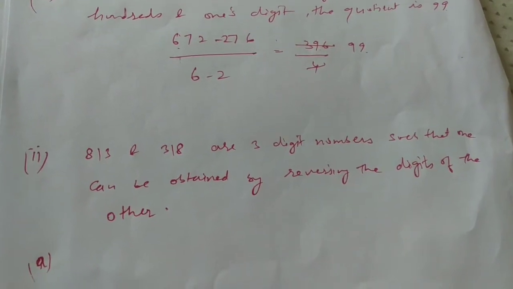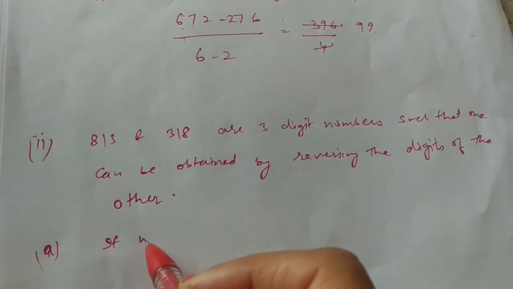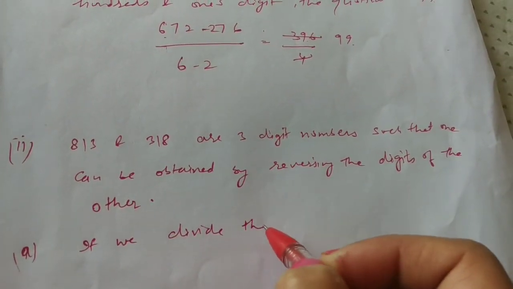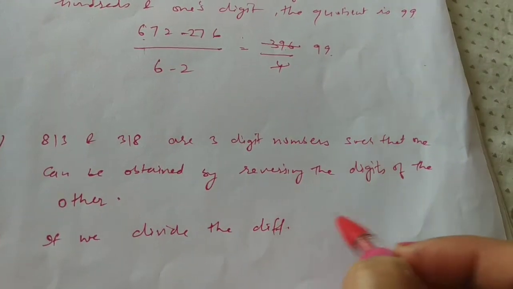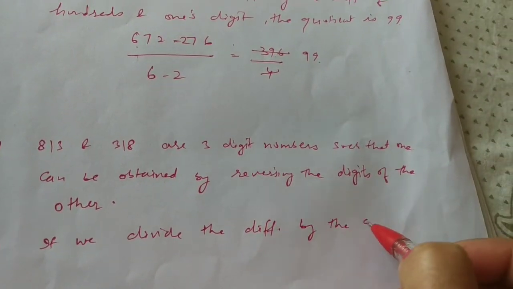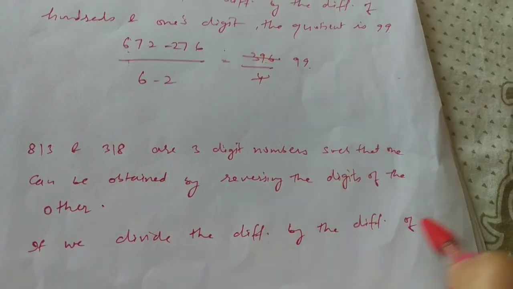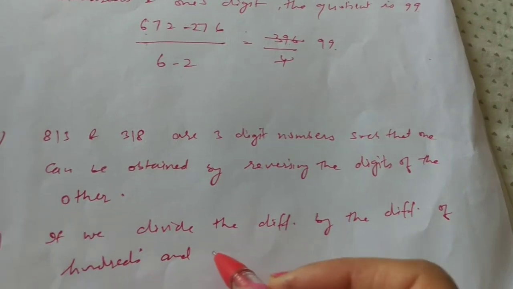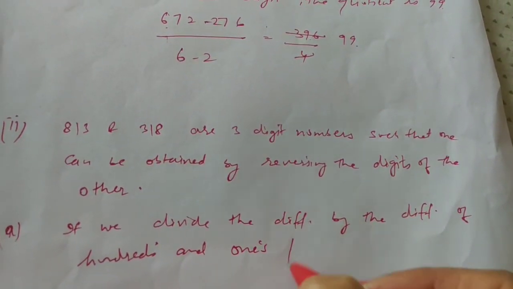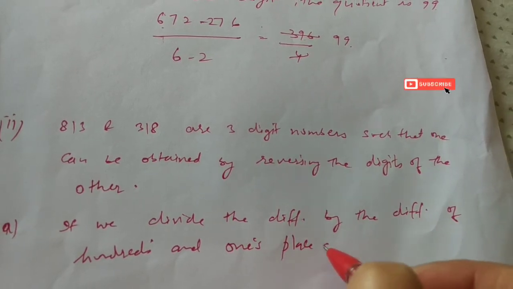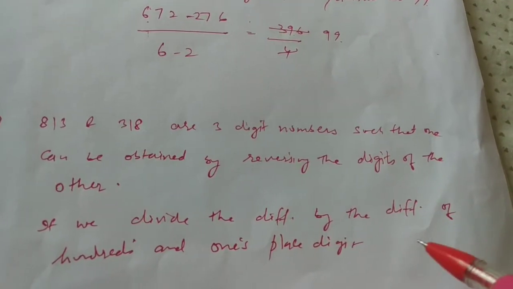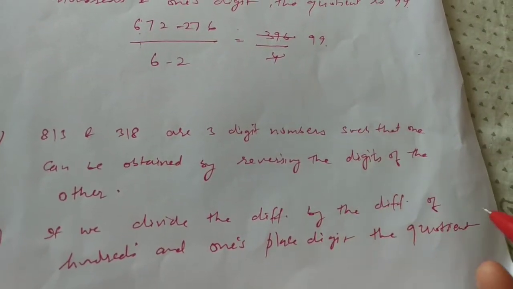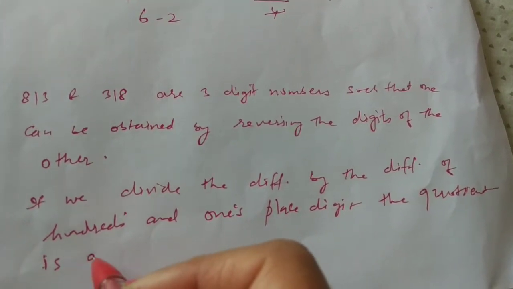So we will write: if we divide the difference by the difference of hundreds and ones place digit, the quotient is 99.